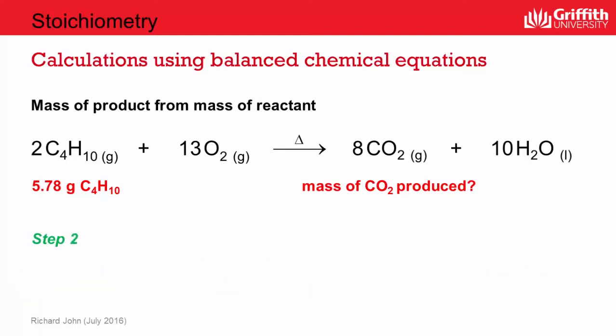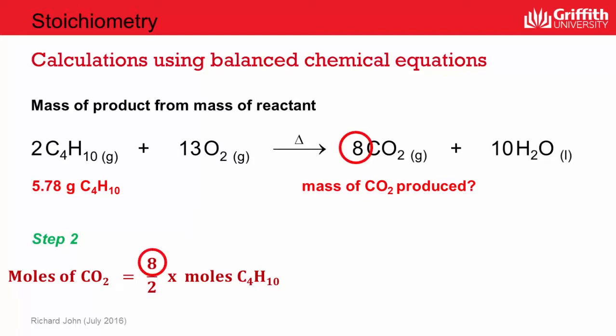Step 2, we now have to work out the moles of carbon dioxide that will be produced. So the moles of carbon dioxide will equal 8 on 2 times the moles of butane that we just calculated. The 8 comes from the stoichiometric coefficient of the substance we are trying to find information about, divided by the stoichiometric coefficient of the substance we've been given information about.